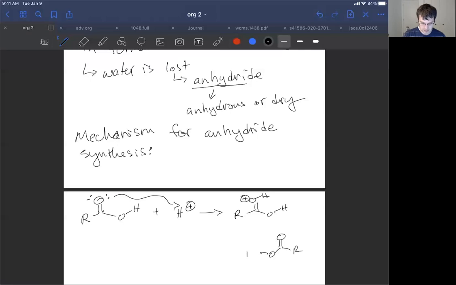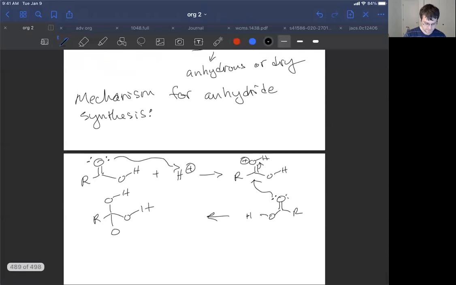so we could have a carboxylic acid react. What I like to do is, again, let the non-hydrogenated oxygen of the carboxylic acid add, and that's going to push the electrons up. And we're going to get to something that looks like this. Okay.